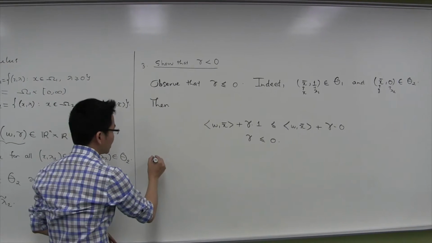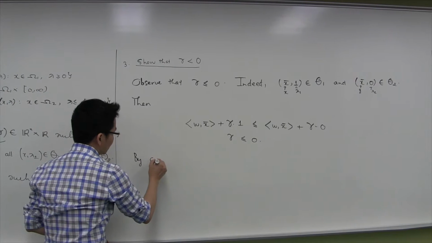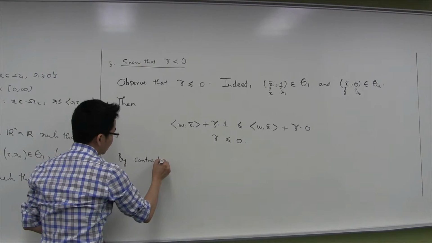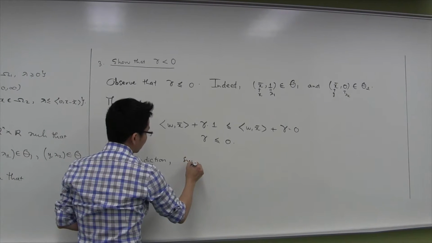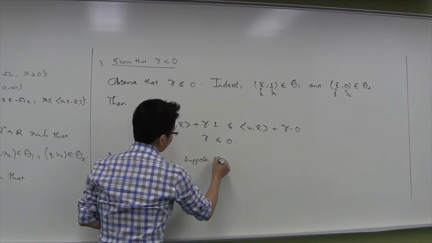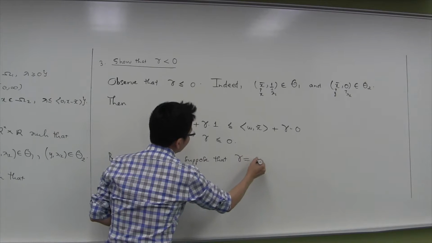So by contradiction, suppose that gamma is equal to 0.